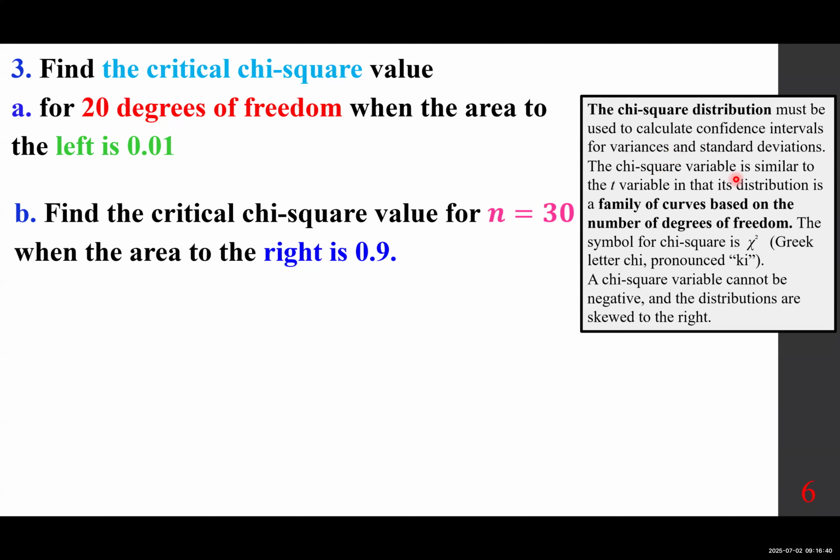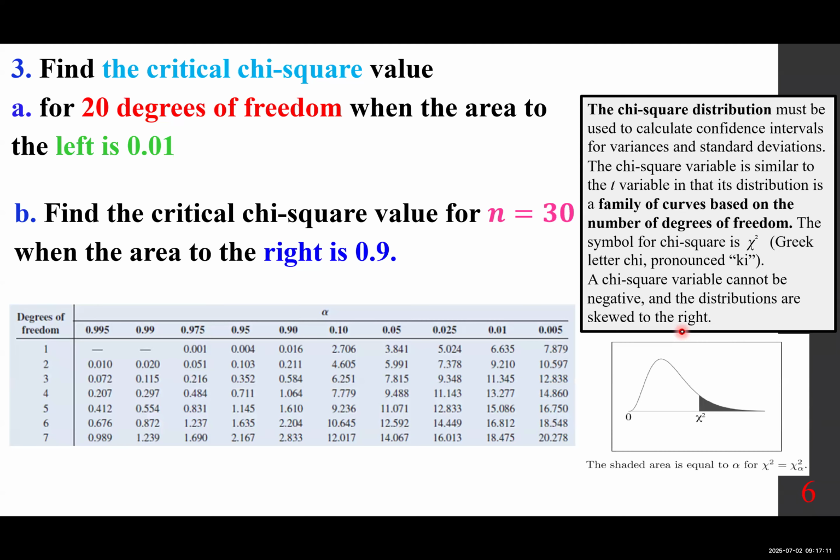The chi-square variable is similar to the t variable in that its distribution is a family of curves based on the number of degrees of freedom. The symbol for chi-square looks like x squared. It's a Greek letter chi. A chi-square variable cannot be negative, and the distributions are skewed to the right.